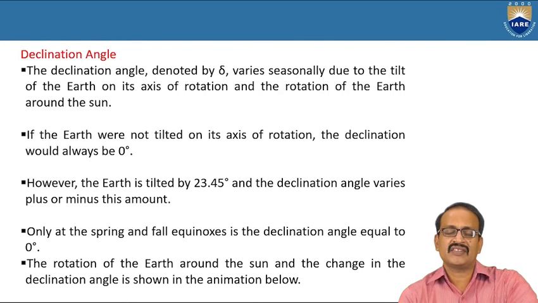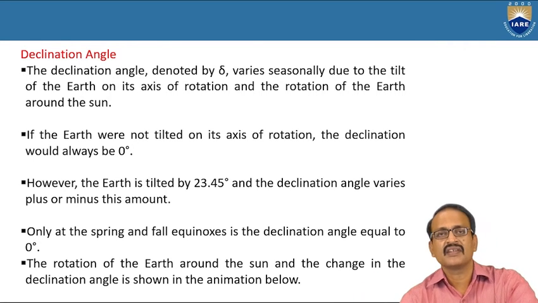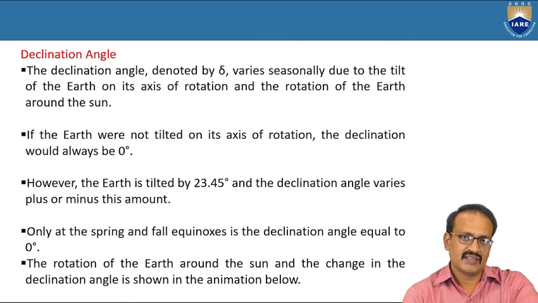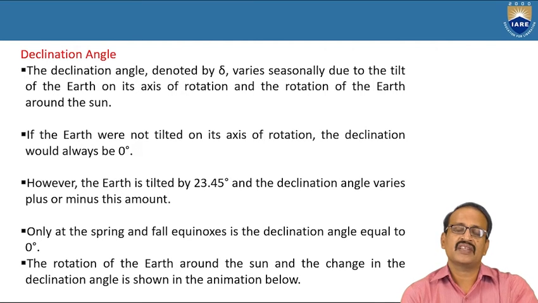The declination angle is denoted by delta and varies seasonally due to the tilt of the Earth on its axis and rotation of the Earth around the Sun. If the Earth were not tilted on its axis of rotation, the declination would be 0. So plus 23.45 is where the North Pole is going to get the light, and minus 23.45 is where the South Pole is going to get the light.